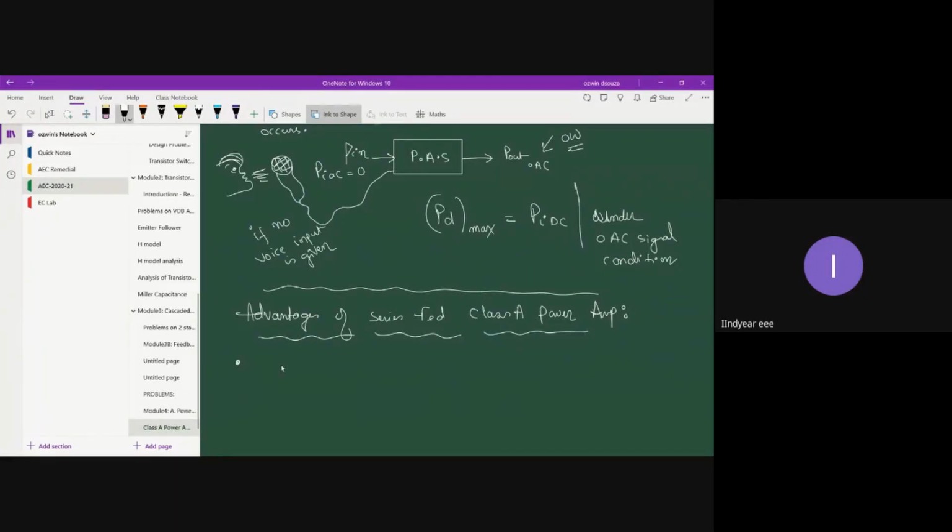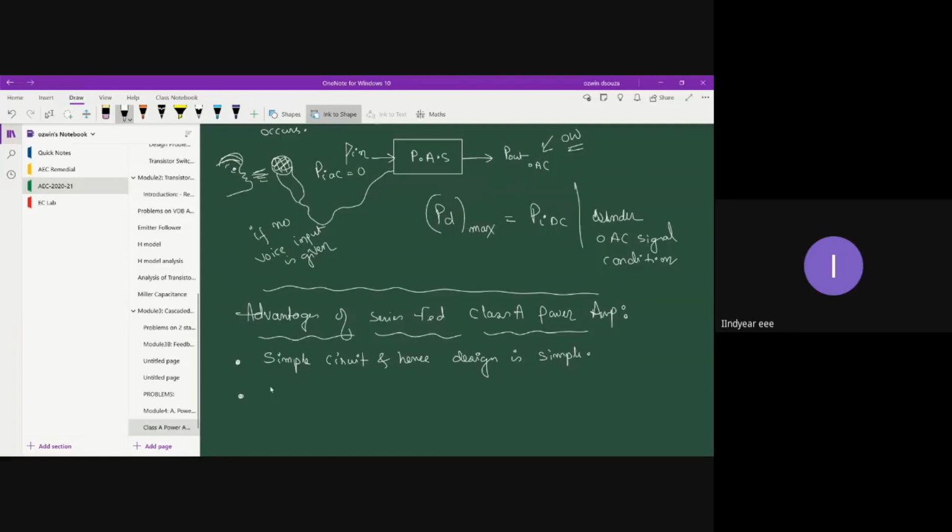The biggest advantage is that it is a simple circuit. In the sense, it consists of a small number of components, hence the design is simple.